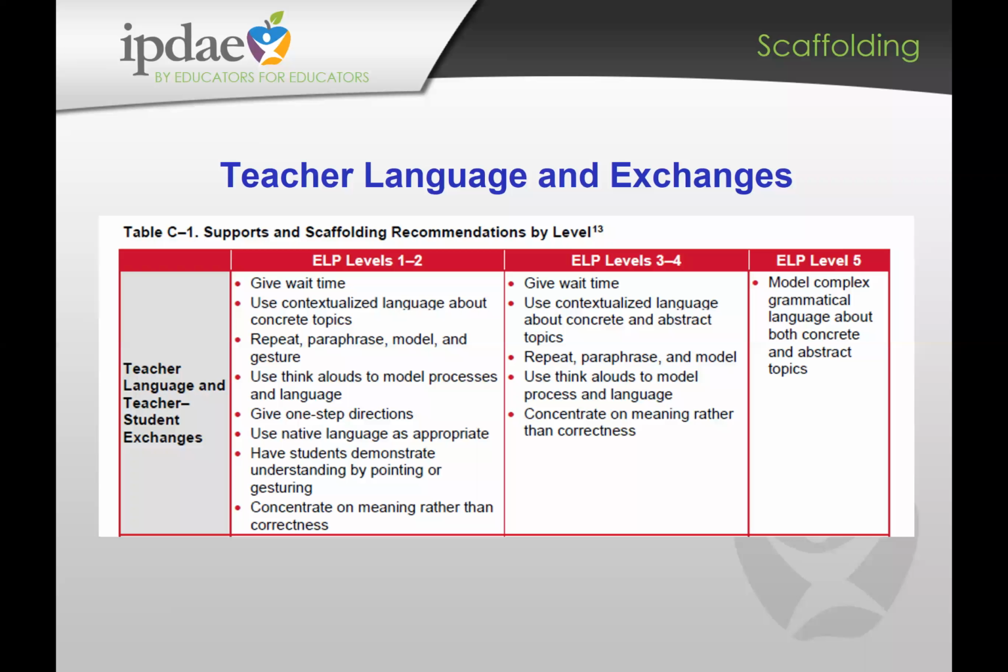You are still providing contextualization because that's a best practice in ESOL and just promotes that level of engagement. And then you may find yourself also repeating, paraphrasing or modeling, but not as often as when teaching levels 1 and 2. And then when you go into ELP level 5, you're now just simply modeling complex grammatical structures.